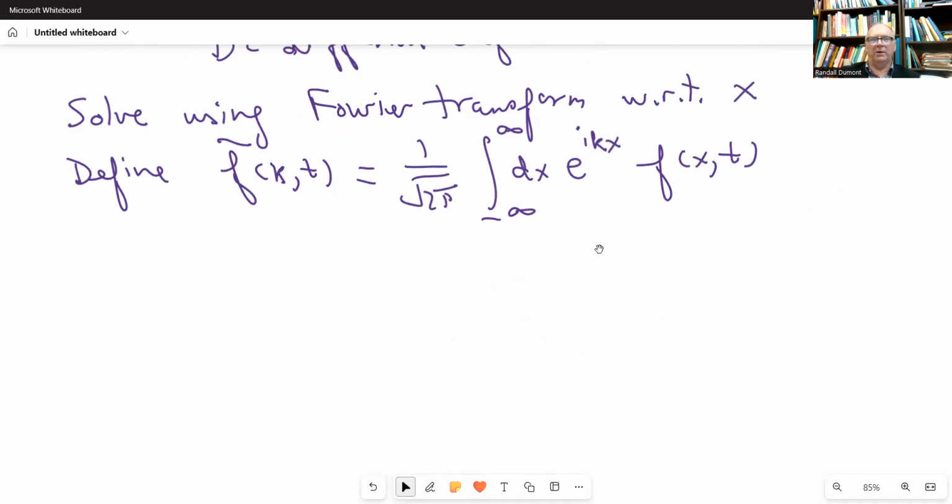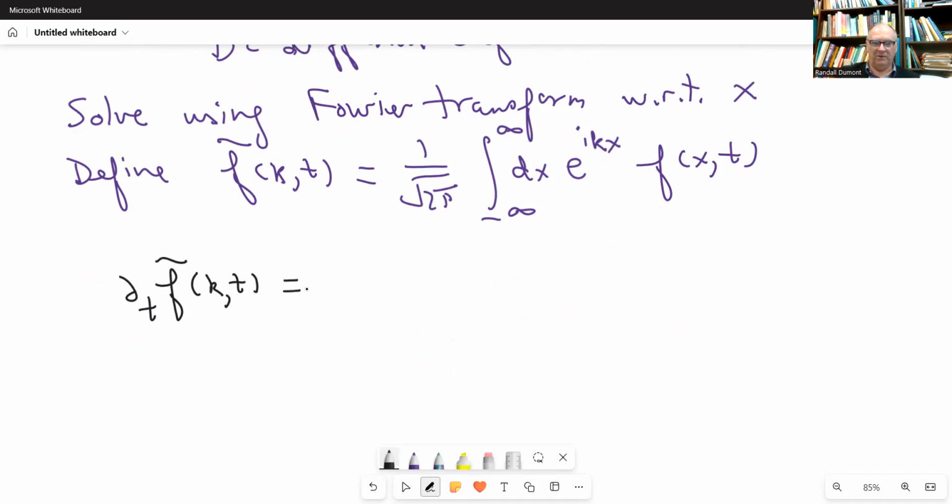Okay, so we're going to substitute that into equation 2, the Einstein diffusion equation. The time derivative is unaffected. There's no time integrations here.